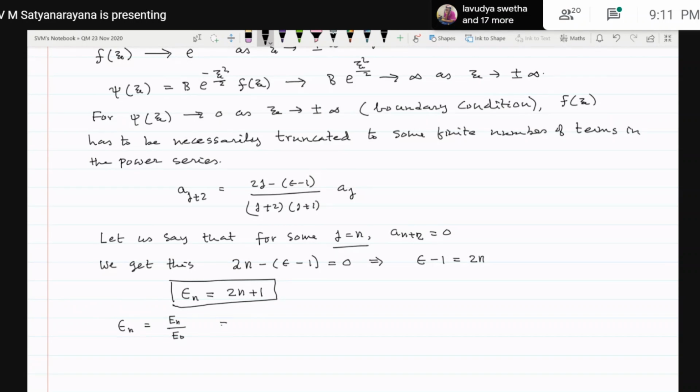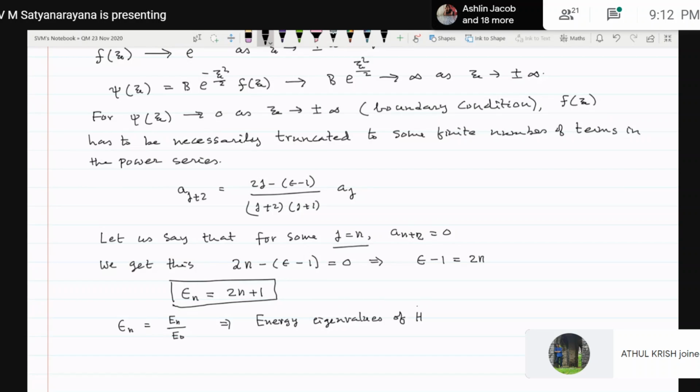So that means the energy eigenvalues of H, the Hamiltonian operator, are given by En, which is equal to epsilon n into E naught.